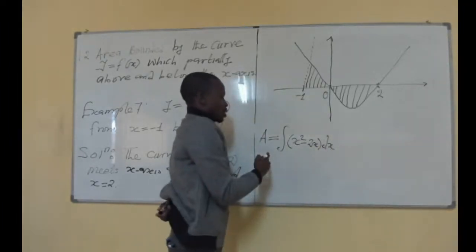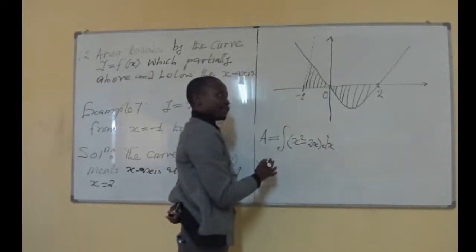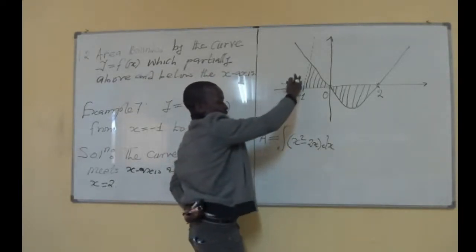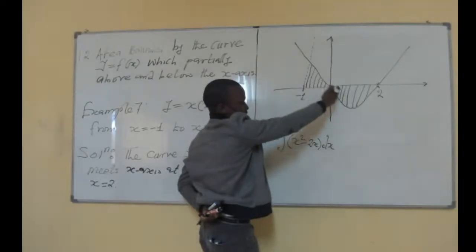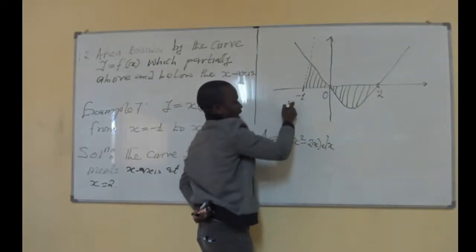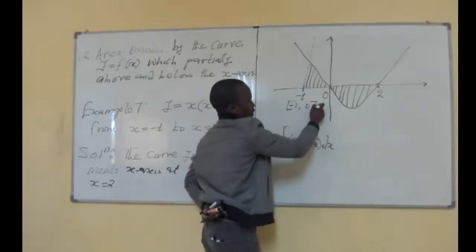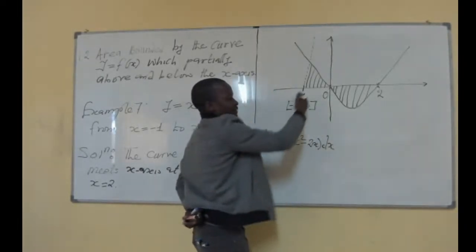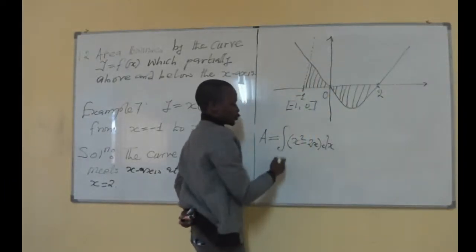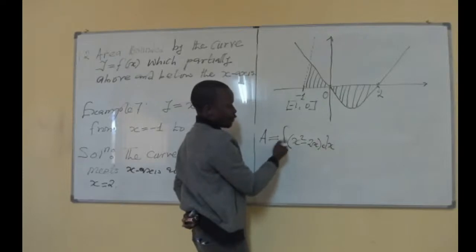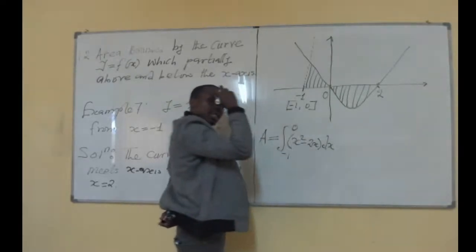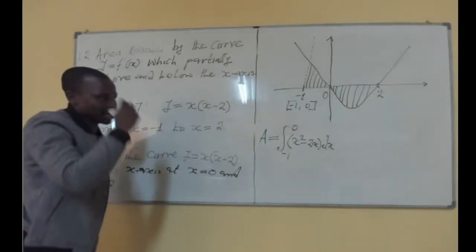Now, you need to be careful when you are selecting your limits of integration. Look, for this shaded region, in the interval -1 to 0, the curve is above the x-axis. In short, the region is below the curve. So from -1 to 0, we take the positive of the integral.